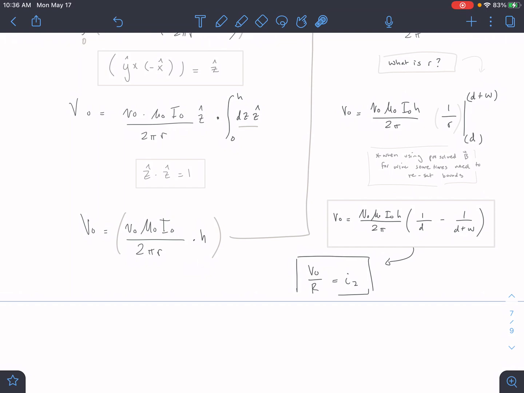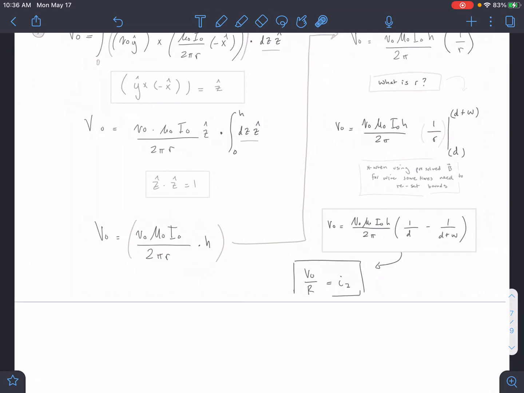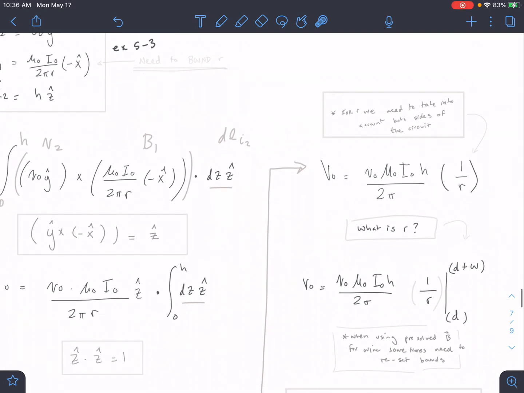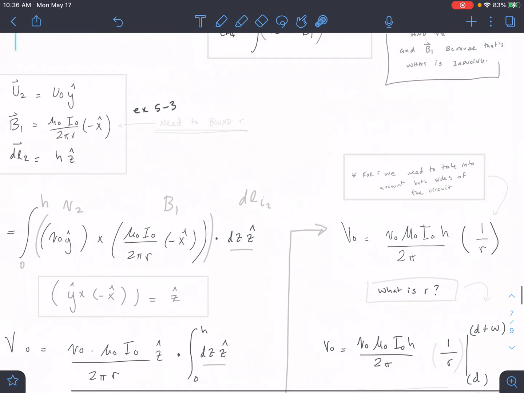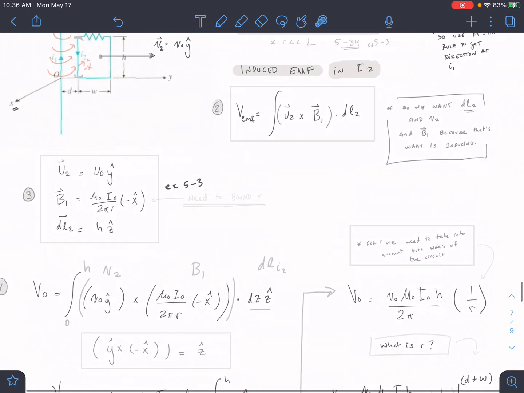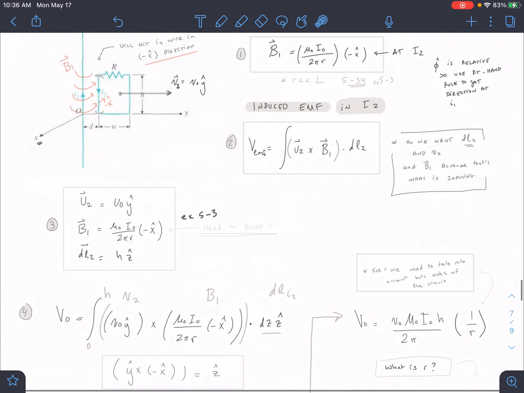Now the last piece that we need to look at is this r value. Okay, so this is important because, when we have this second loop, r for this general equation that we took for the B field is the distance from the charged wire to the point where the B field's acting, right? So we have this first line that it's acting on, but it's also acting on this part of the circuit, and that's going to contribute to our overall induced voltage.